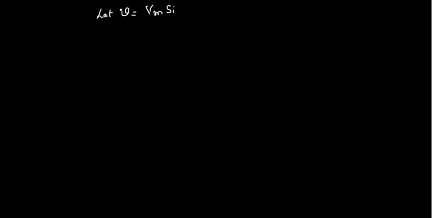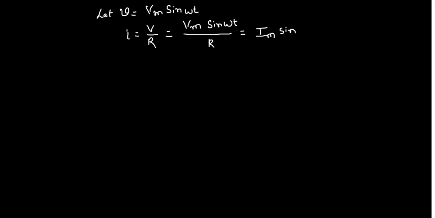By Ohm's law, we already know that I is equal to V by R. Here V is Vm sin omega t divided by resistance R. Now Vm by R combined together I will take as Im, so I is equal to Im sin omega t.